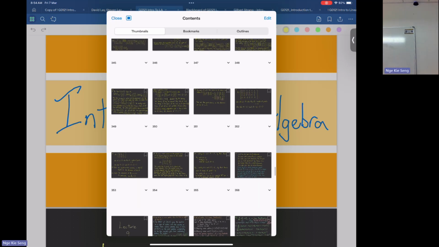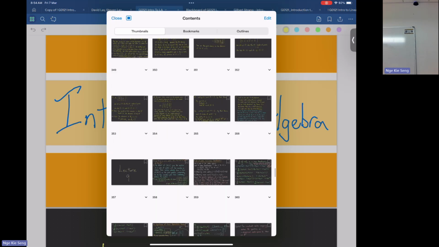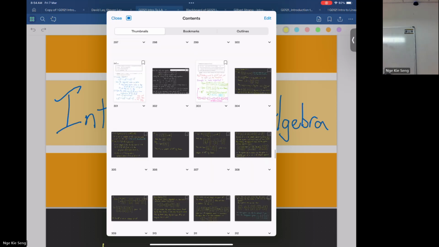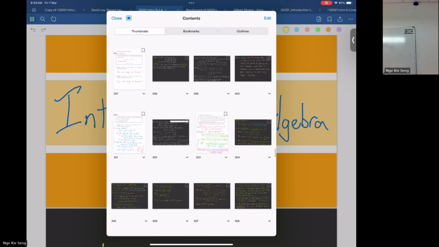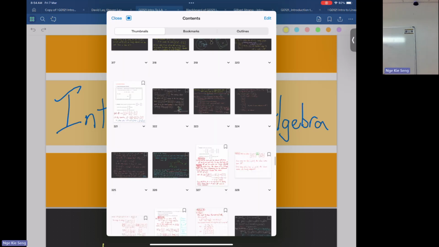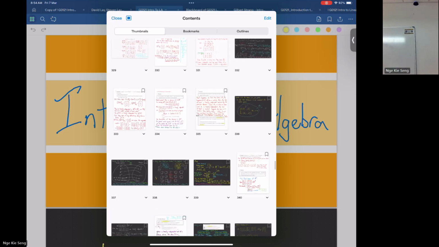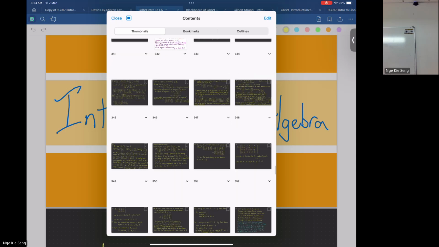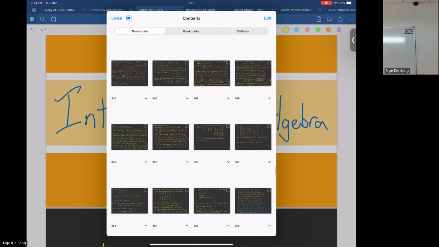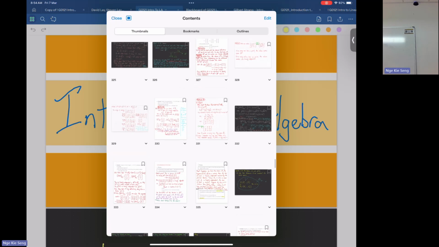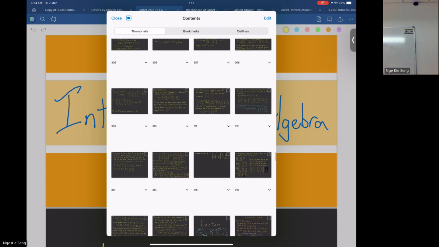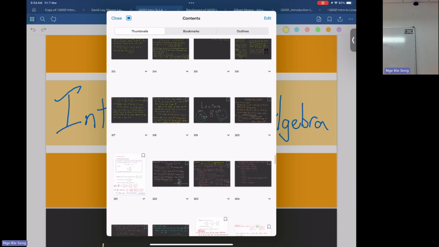This one is closing the space. Let me think. Lecture 8 seems like not going. It's coordinate vector. Yes.